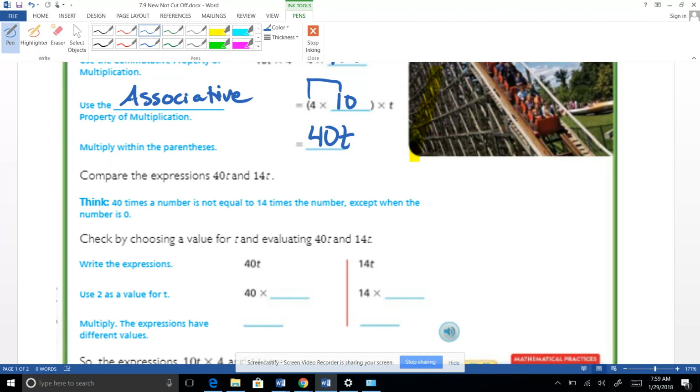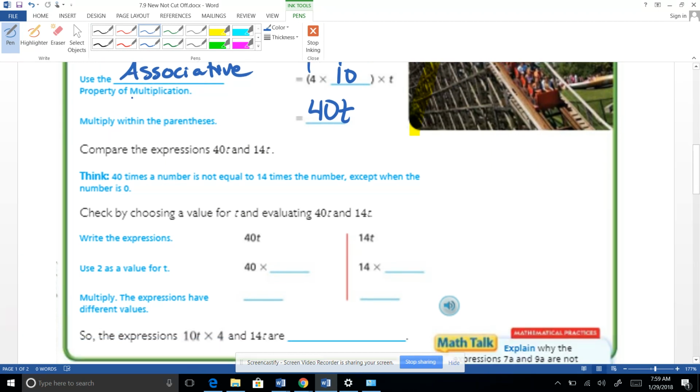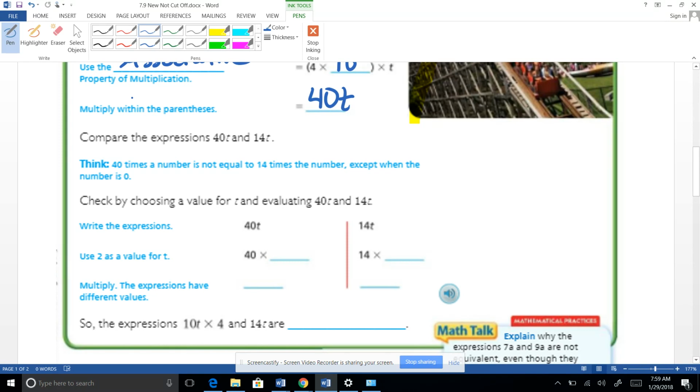So we can compare 40t and 14t, and if we look at t as being 2, let's just test it out. 40 times 2 gives us 80. And if t is 2 on this side, 14 times 2 gives us 28. So these two expressions are not equivalent.